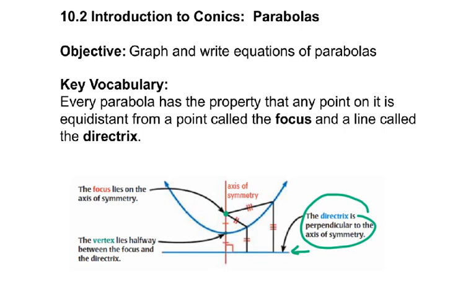The vertex will lie halfway between the focus and the directrix. And in fact, any point on our parabola will be equidistant to the axis of symmetry and to the directrix.